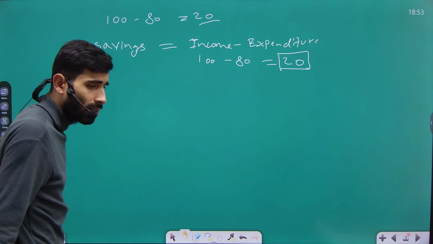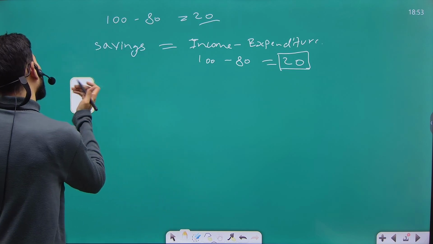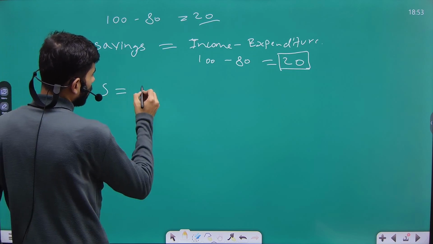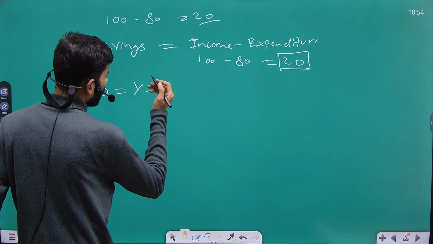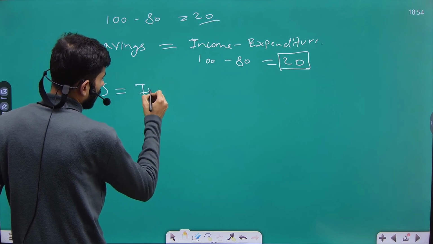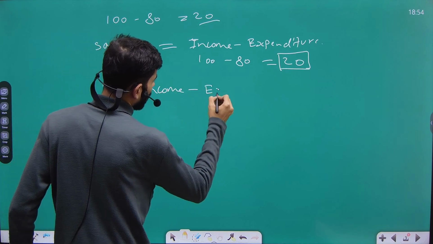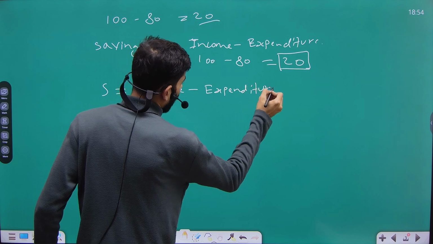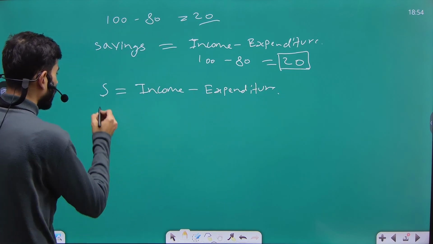In terms of national savings, or simply instead of saying national savings, we can simply say savings is equal to income minus expenditure.